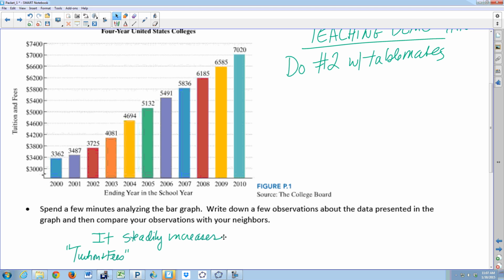So the steadily is true because it is increasing every year, but it's not constant. So we couldn't say y equals mx plus b exactly, right? We couldn't find an m and a b so that you put in the year and out pops the number you have here. But maybe a straight line would be a pretty good estimator of this because it's steadily increasing. What else do you notice?